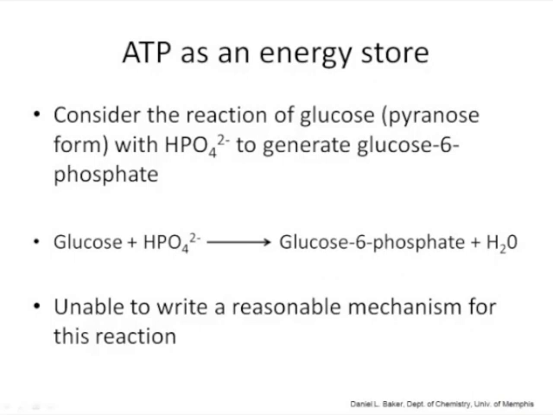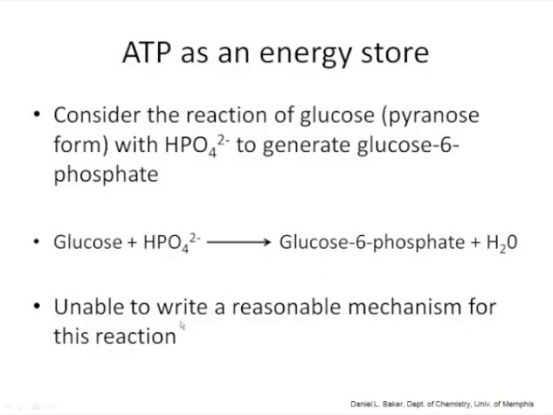Phosphoric acid has 3 pKa's, one about 2, one about 7 or so, one at about 12. And if we want to get glucose to react with HPO4 2- to generate glucose 6-phosphate, then the overall reaction that we're talking about is here.